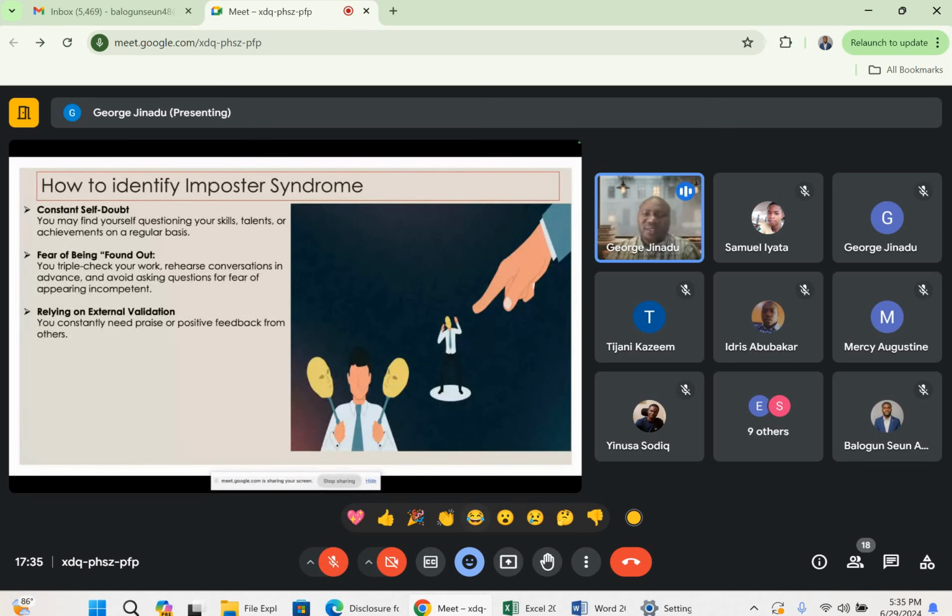Then thirdly is relying on external validation. This one is a killing thing. This one affects people more. If you have bosses or managers who say good job, nice job, it gives you confidence. Then you change job to a manager that doesn't even care. They're not mean, they're not wicked, but they're just not used to saying good job, well done.